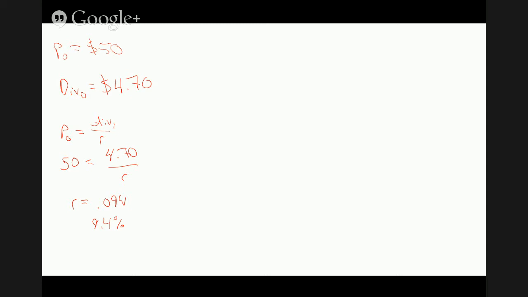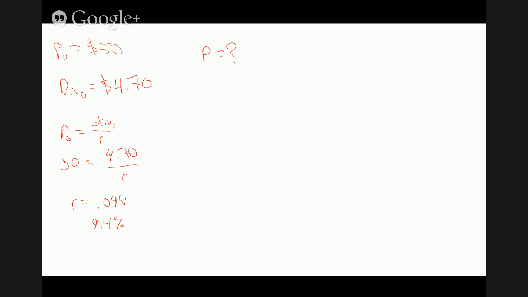So the company now declares a new policy where 50% of earnings will be reinvested in a project that will help the company grow at 6%.